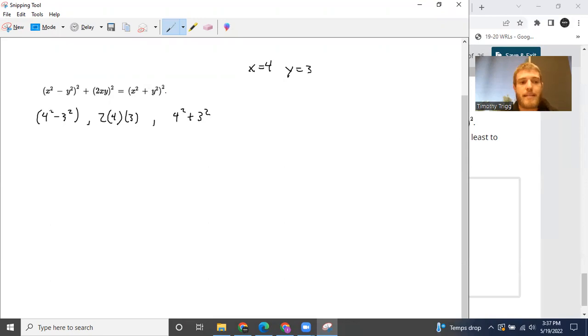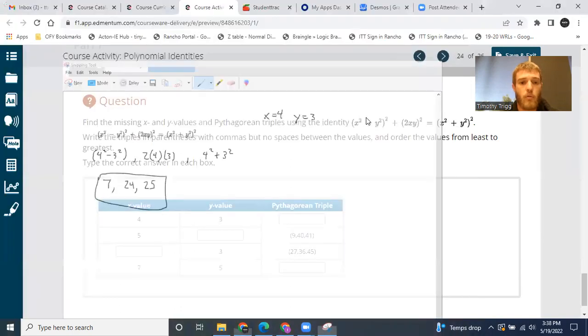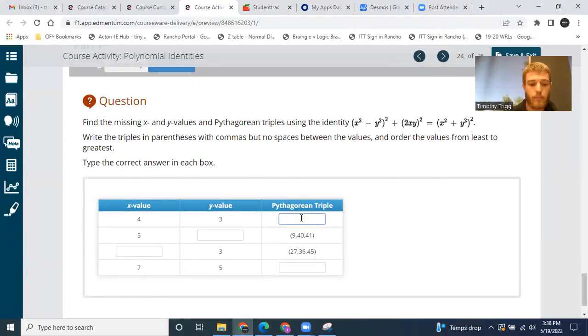So 4 squared, that's 16, minus 3 squared, that's 9. 16 minus 9 is 7. 2 times 4 times 3, so that's 2 times 4, that's 8. 8 times 3 is 24. And the hypotenuse in this case is 16 plus 9, which is 25. So this does produce a Pythagorean triple here. 7, 24, 25. So we would write in here, a Pythagorean triple would be 7, 24, 25.